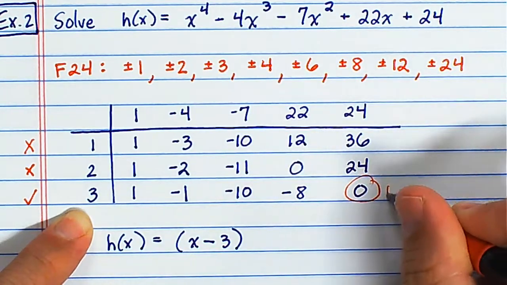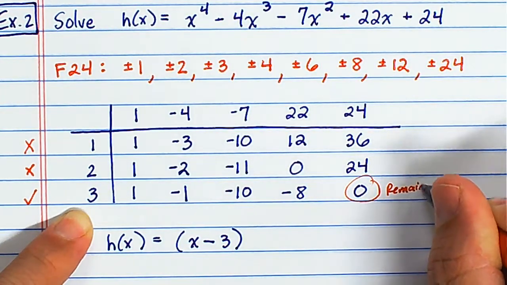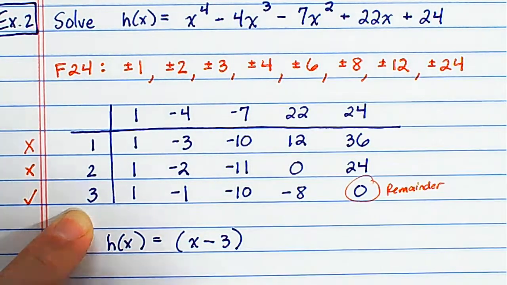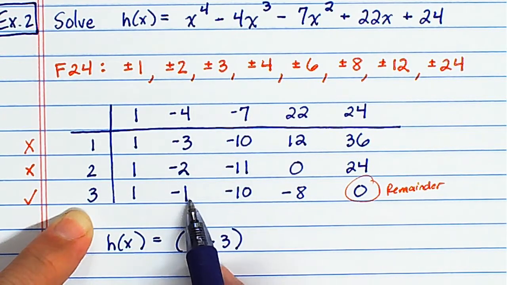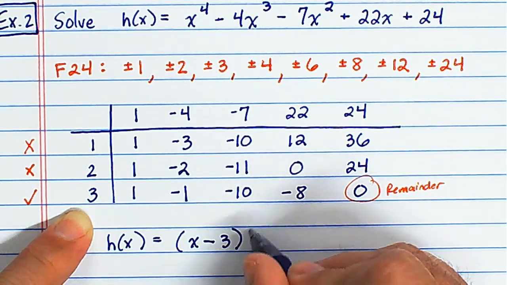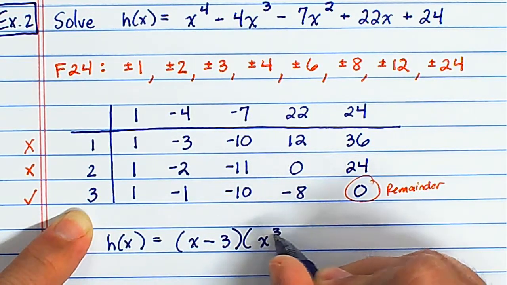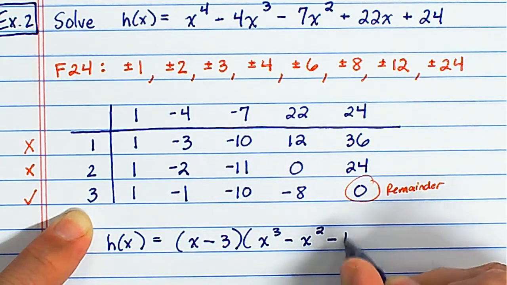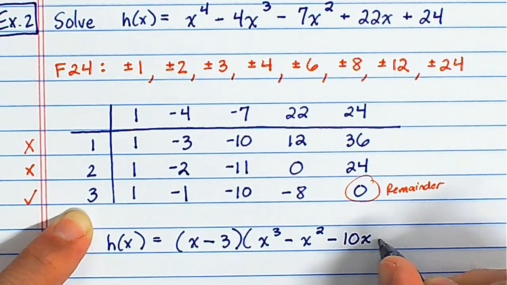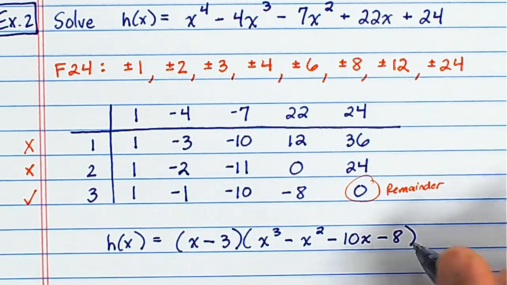This is your remainder. So this would be my constant, my x squared, and my x cubed. So now I have x cubed minus x squared minus 10x minus 8.